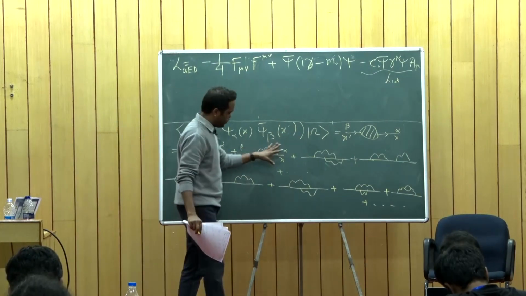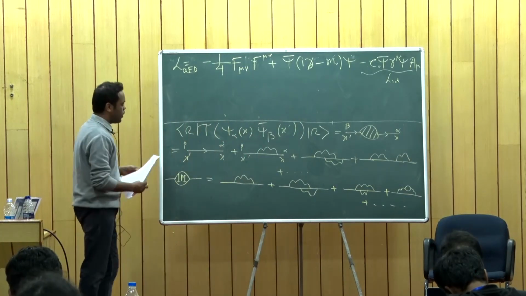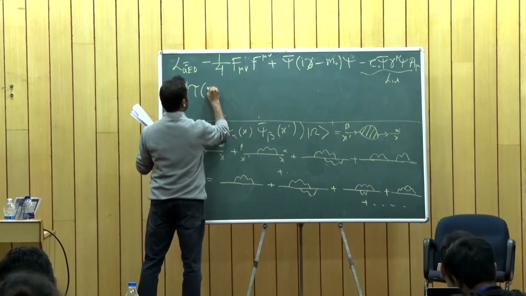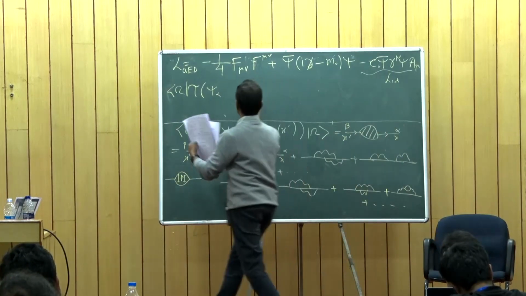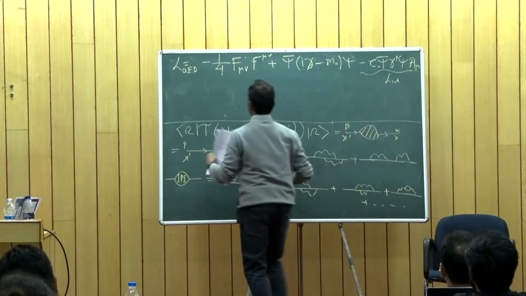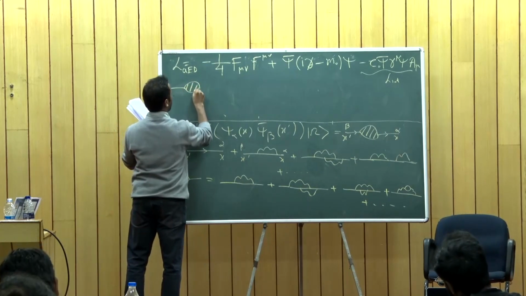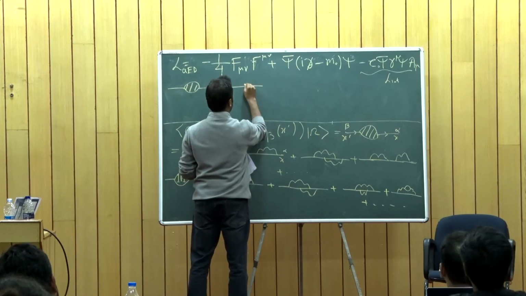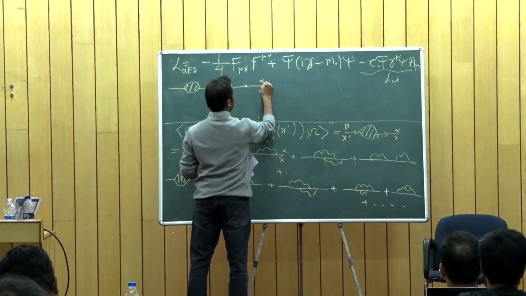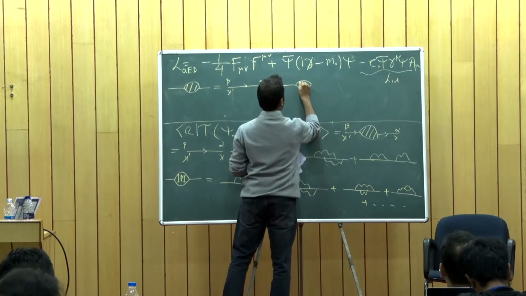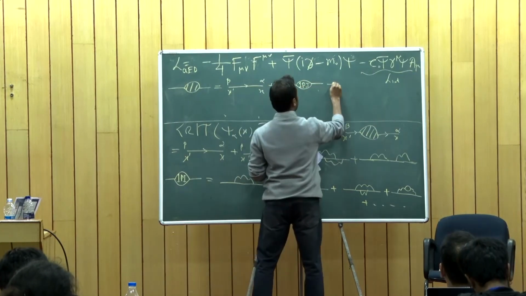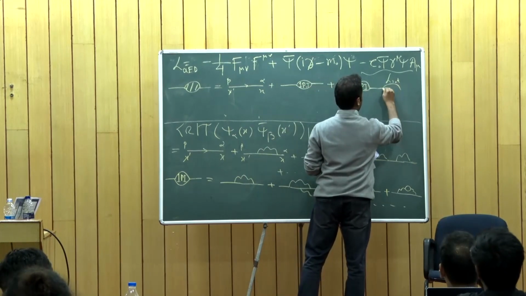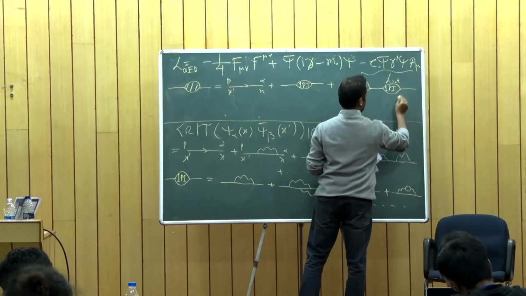Then this diagrammatic expression of the 2-point correlation function in the interacting theory, you can write it down in this way, with two insertions of such 1PI contributions, and so on.